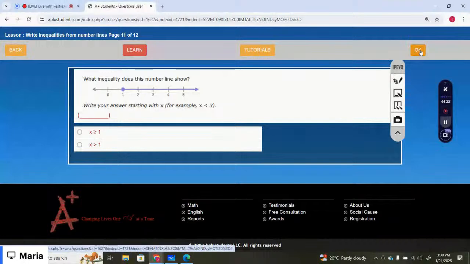What inequality does the number line show, which is the correct option? X is greater than or equal to 1. Option number 1 is the correct option.